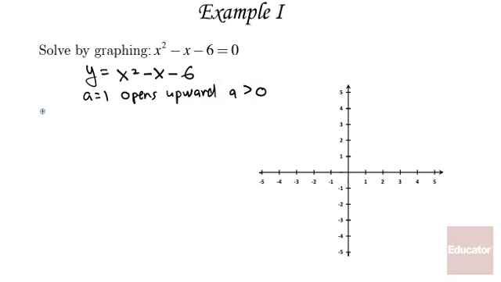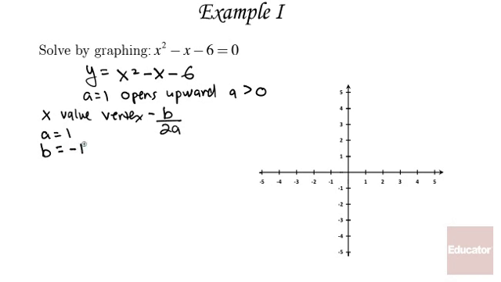I'm going to find the x-coordinate of the vertex by finding negative b over 2a. So a equals 1 and b equals negative 1.